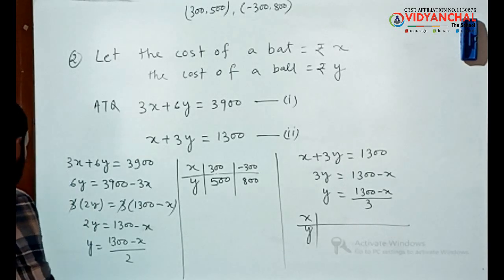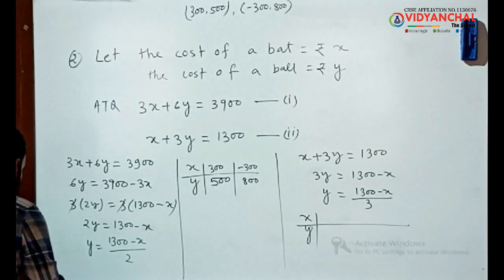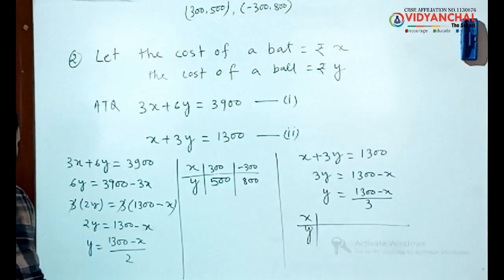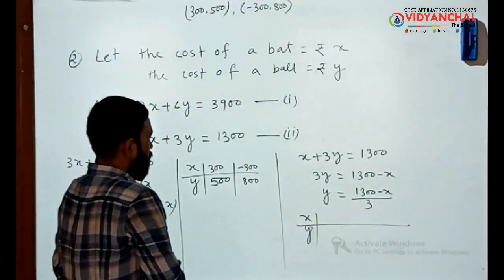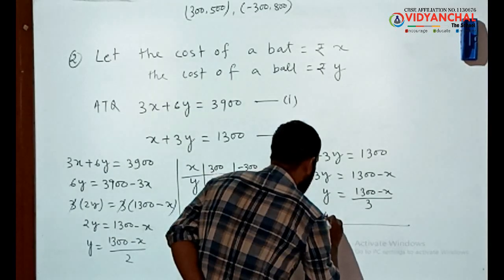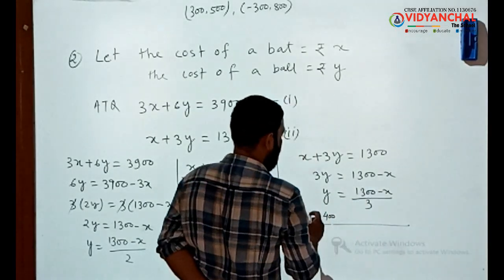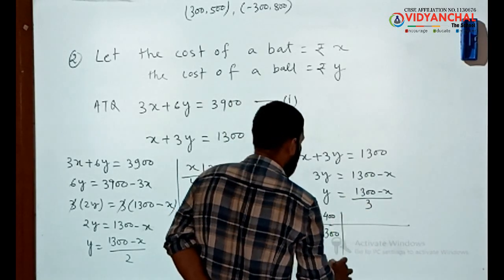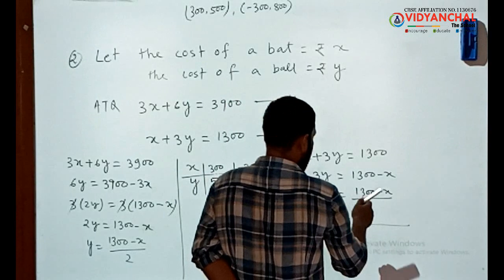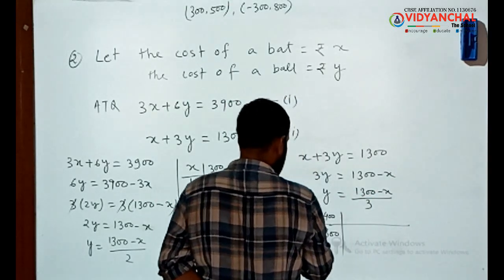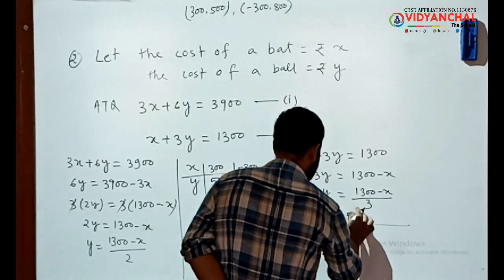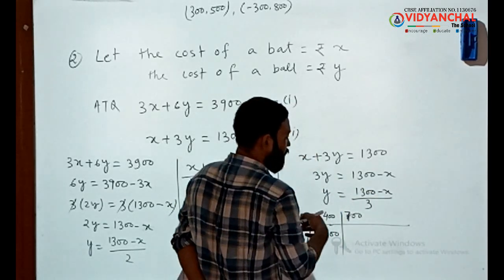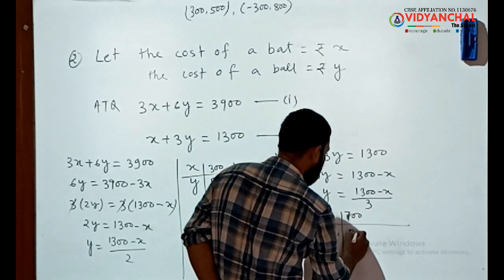Now if we take x equal to 400, 1300 minus 400 is 900, 900 upon 3 is 300. If we take x equal to 700, 1300 minus 700 is 600, 600 upon 3 is 200.